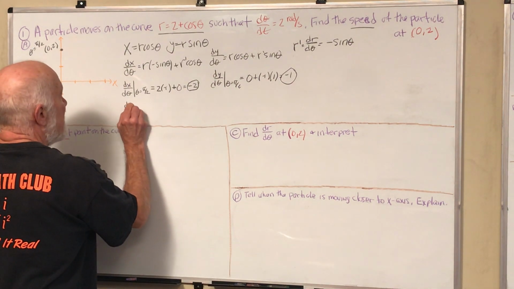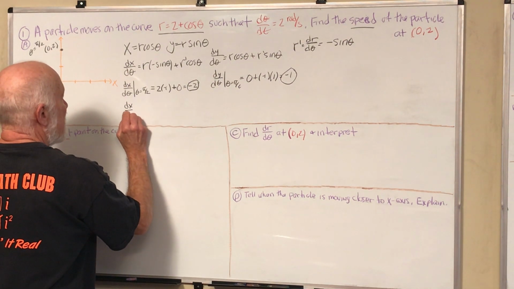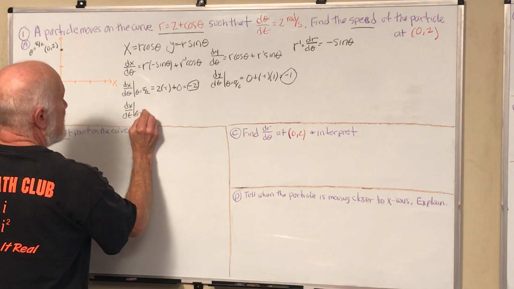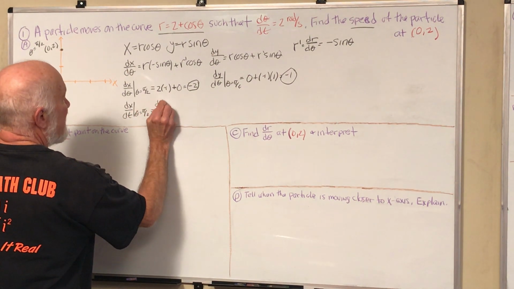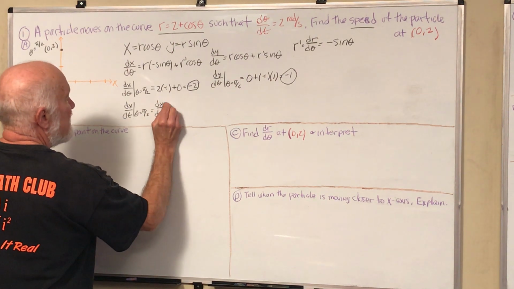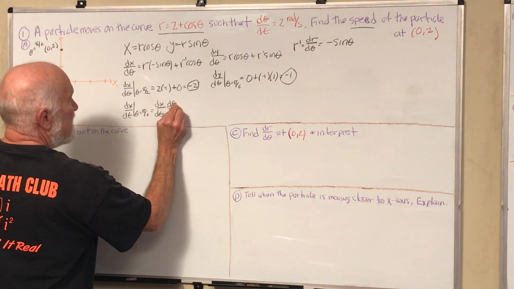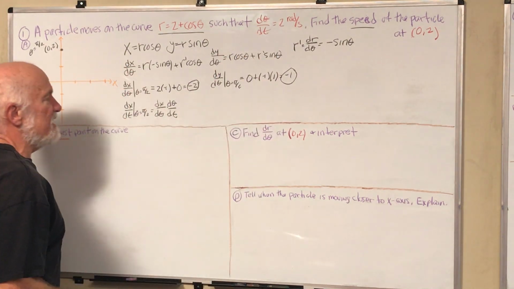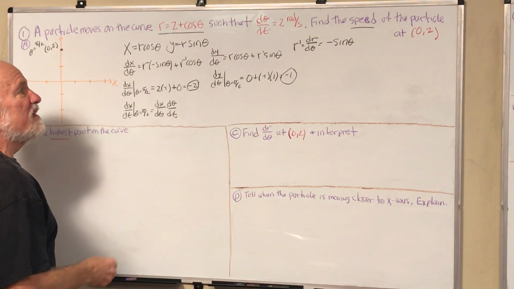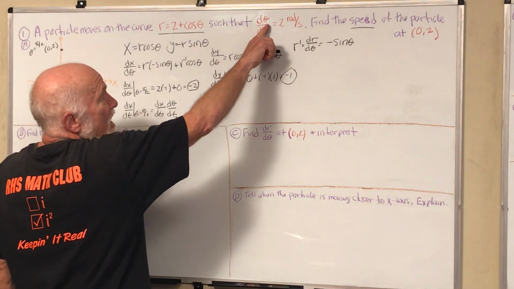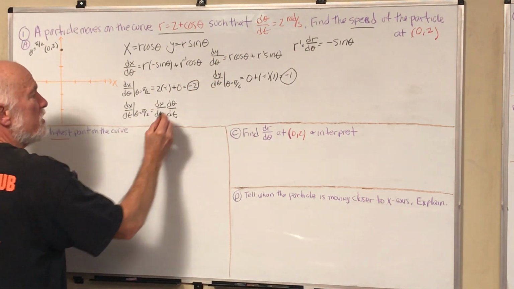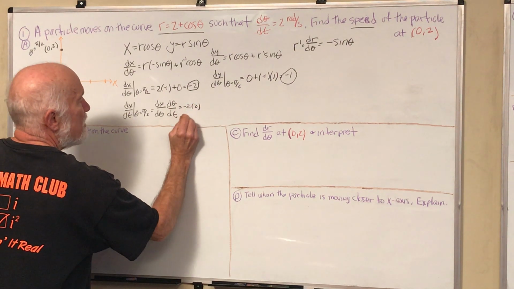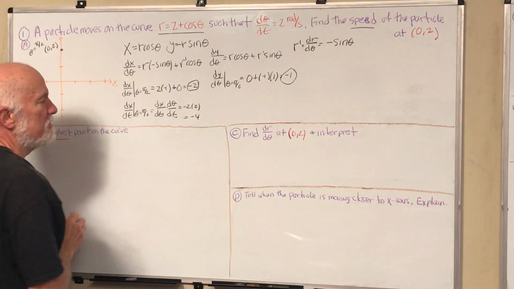I can say dx/dt equals dx/d theta times d theta/dt, and luckily we know d theta/dt at all times t, which means at all values of theta it's 2. So we can just go negative 2 times 2, or negative 4.